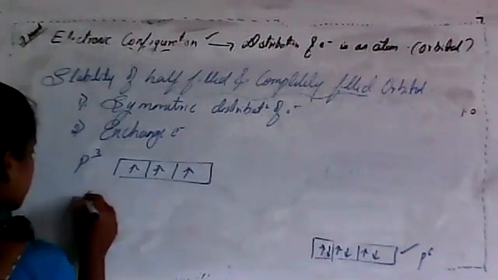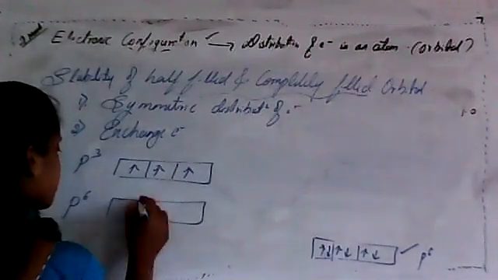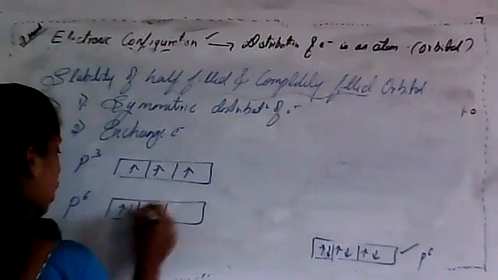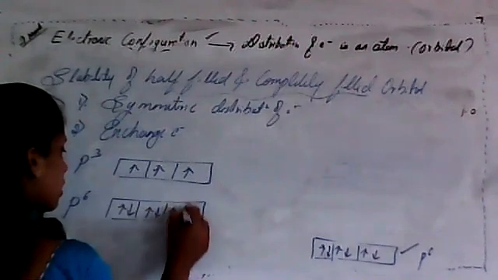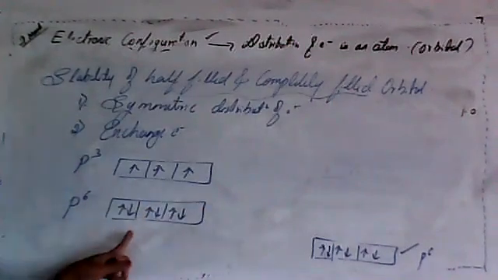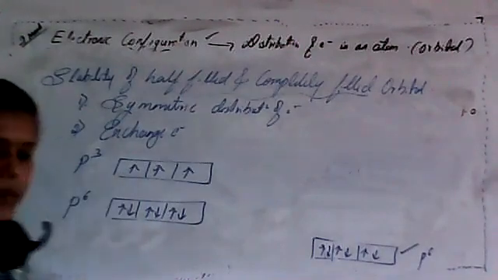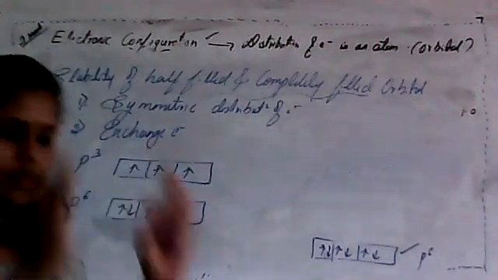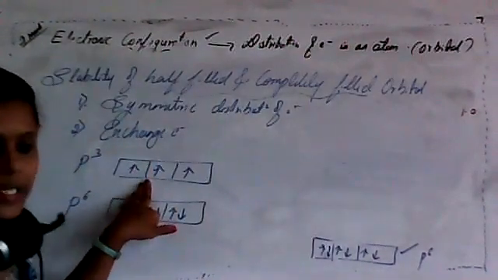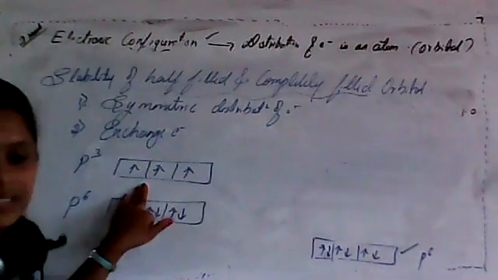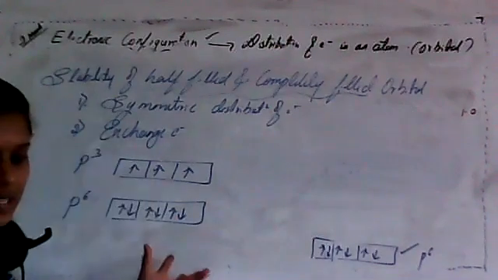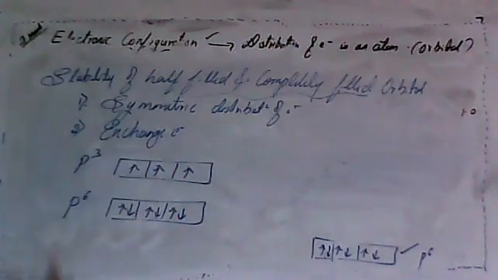If we consider p6, it contains all 6 electrons. There is a symmetry, isn't it? Remember, student, whenever it is symmetric, that means it can attain a symmetric nature or system. In that case, it is highly stable.